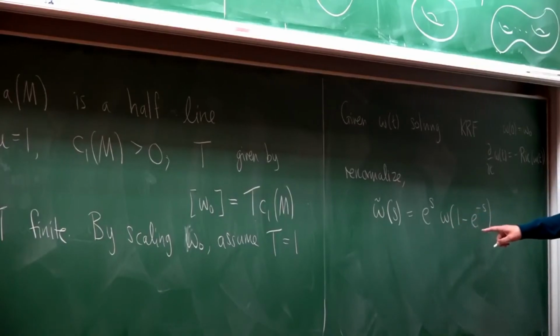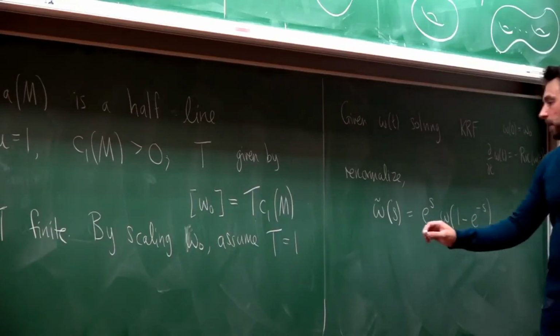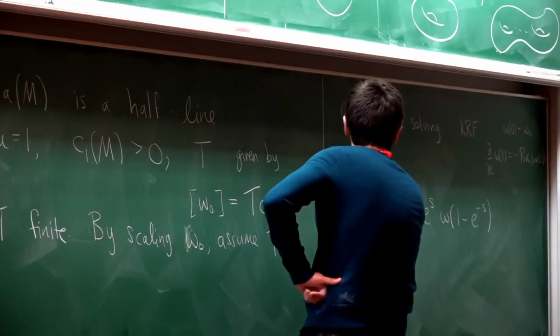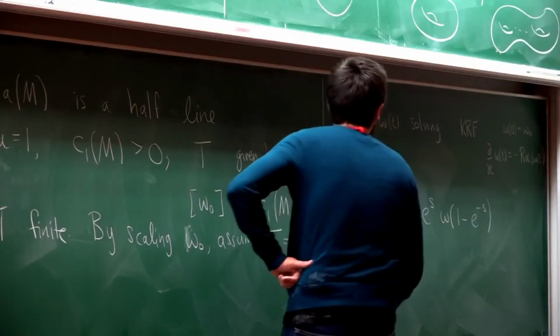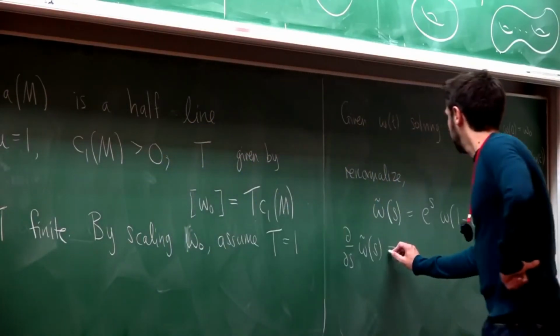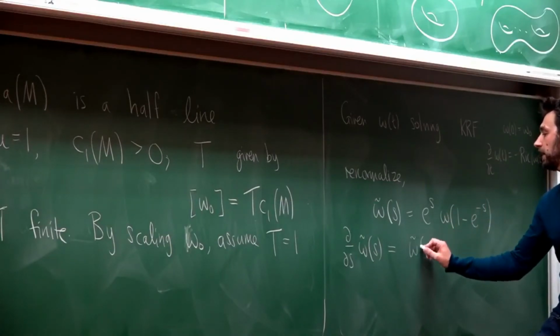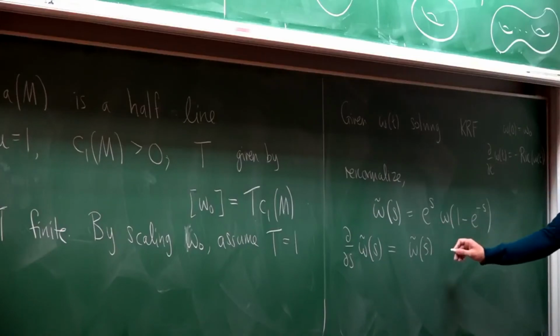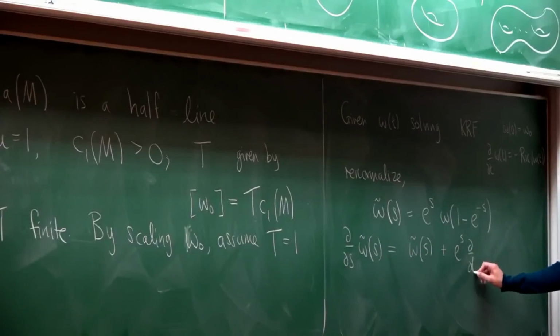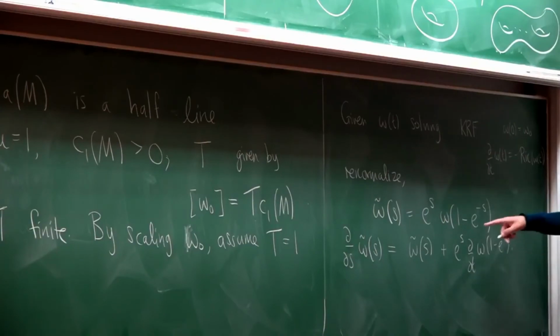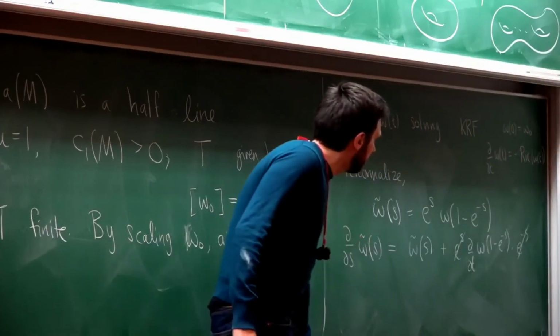And when s is 0, you see that this is omega of 0, so it's still omega naught. But now when you compute d/ds of omega tilde s, then you get just e to the s times this, which is the same as omega tilde s, plus e to the s times d/dt of omega at 1 minus e to the minus s times this, which is e to the minus s, which cancels that e to the s.